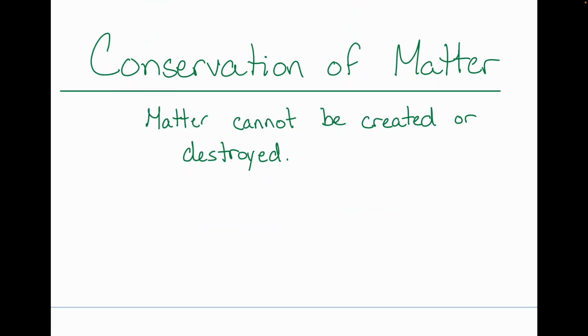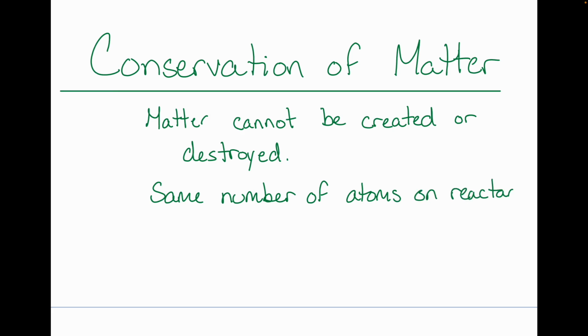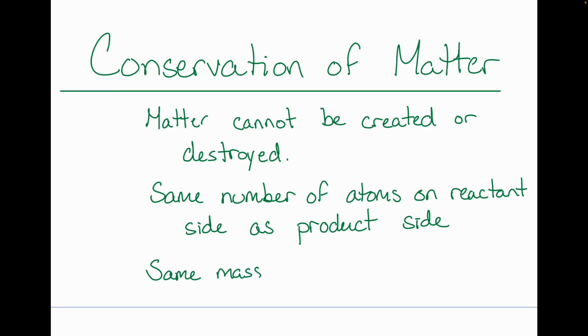mass composition. So let's just say we have the same number of atoms on our reactant side as our product side. Okay, and since I have the same number of atoms, and those atoms all have their set masses as determined on the periodic table here, saying I have the same number of atoms on both sides is the same thing as saying I have the same mass on both sides.